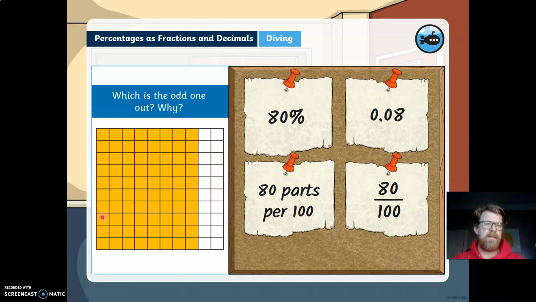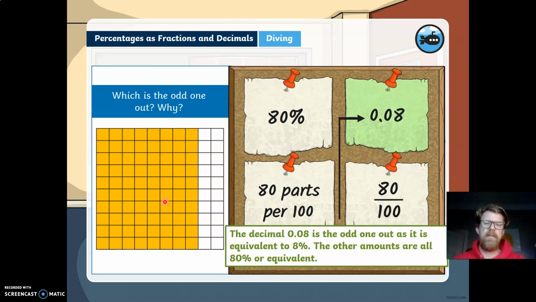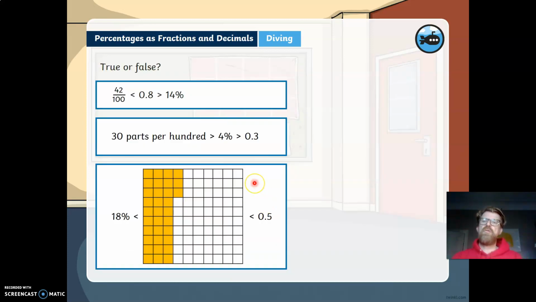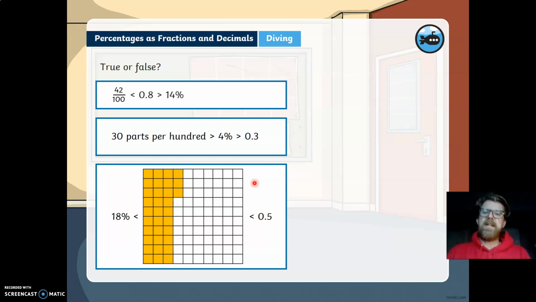Next screen, Mr Davies. Okay, true or false. Here we go. True or false. We've got less than and greater than signs here to help us solve the answer. True or false. 42 over 100 is less than 0.8, which is greater than 14%.